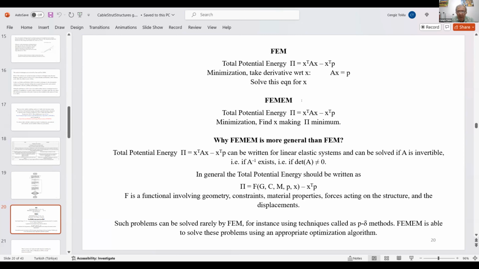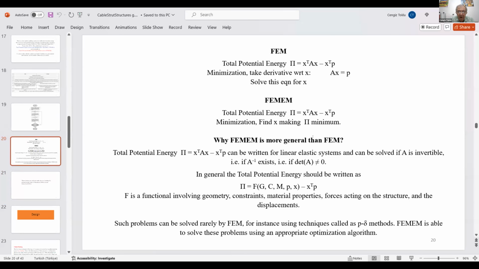In FEMM, of course, we have the same total potential energy equation, and we apply a minimization algorithm to find X to make this function minimum.